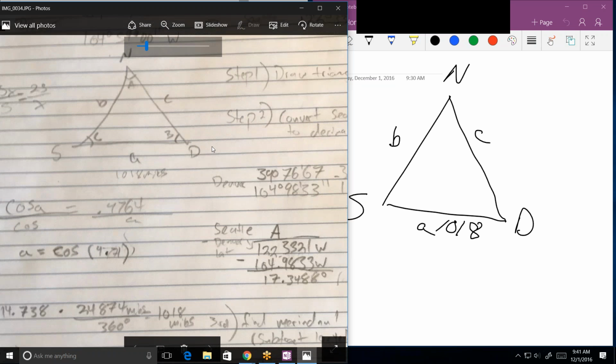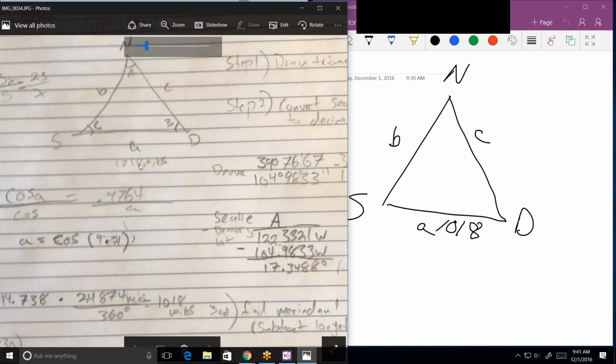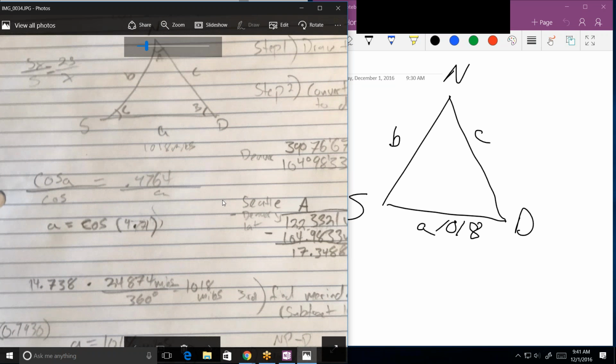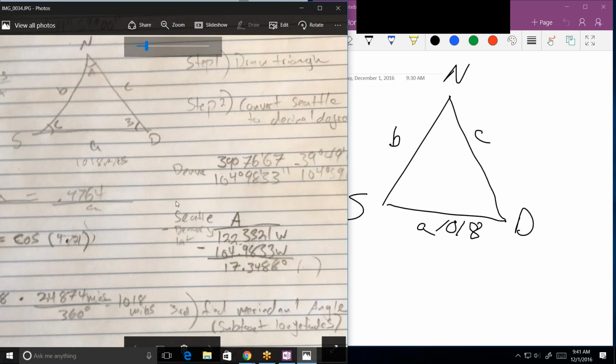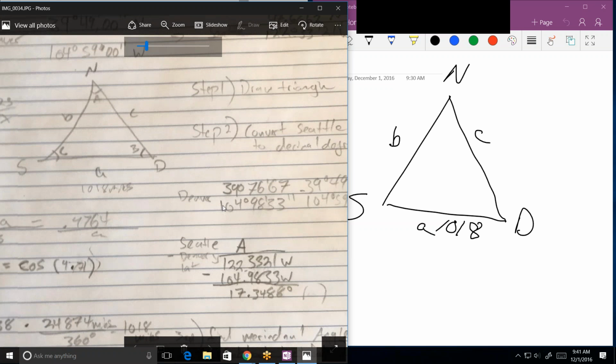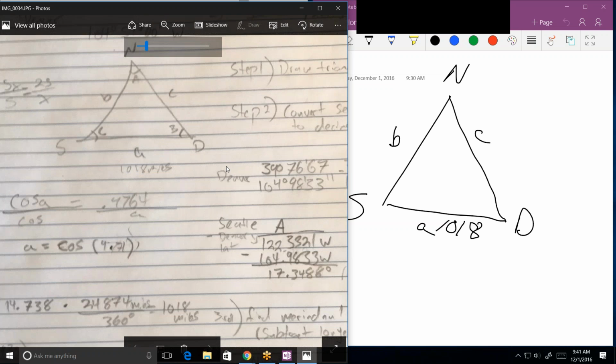The 1018 was the shortest distance from Denver to Seattle, and that was the ultimate thing we were trying to get to. Was that given to you, or did you solve for that based on their latitude and longitude? We solved it through all this basic latitude and longitude.